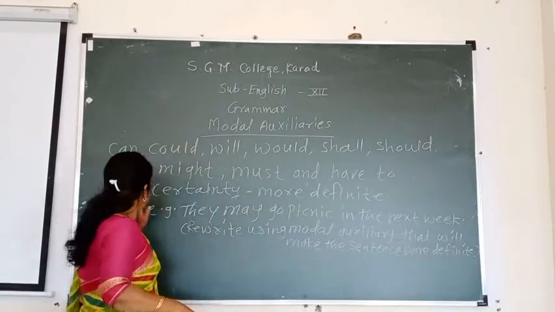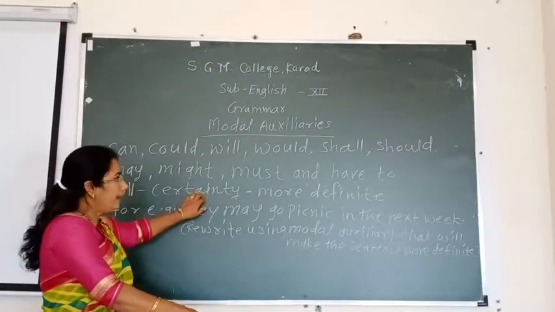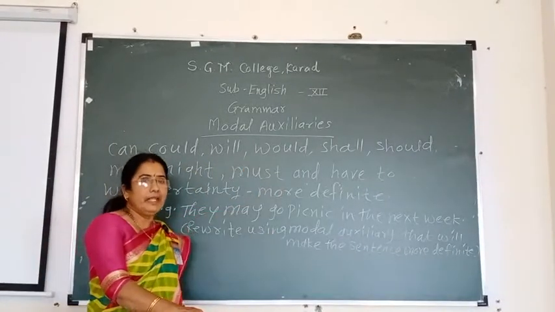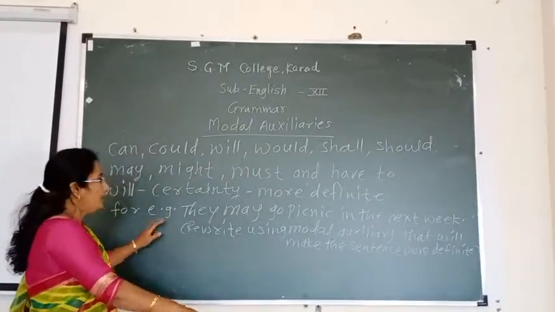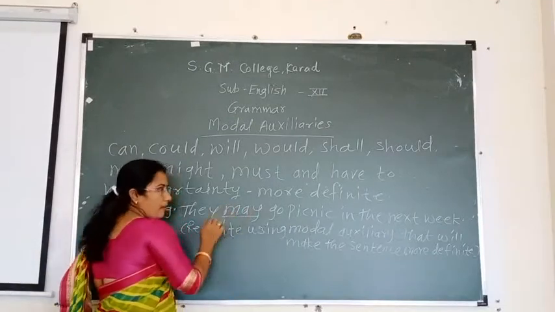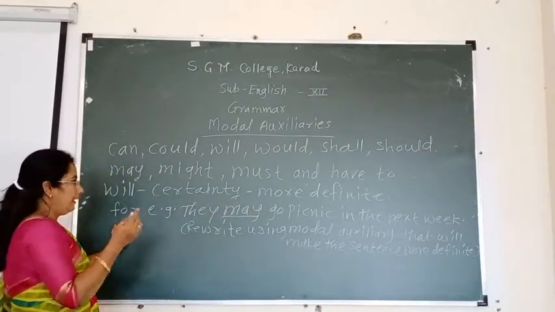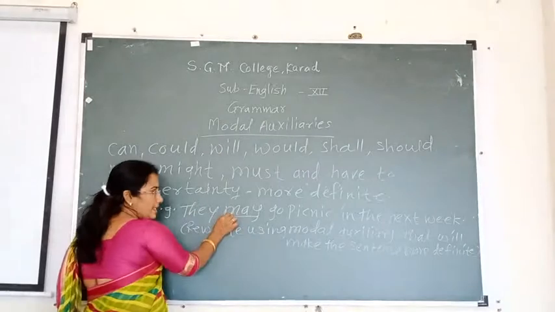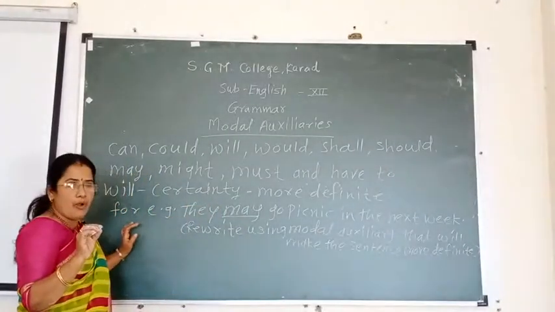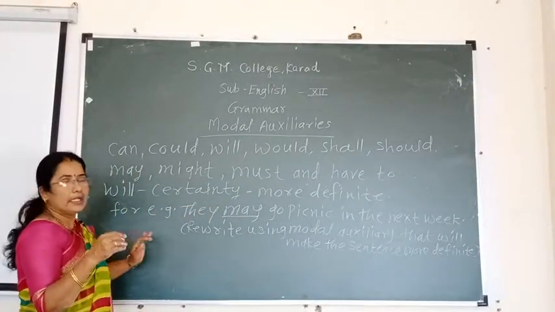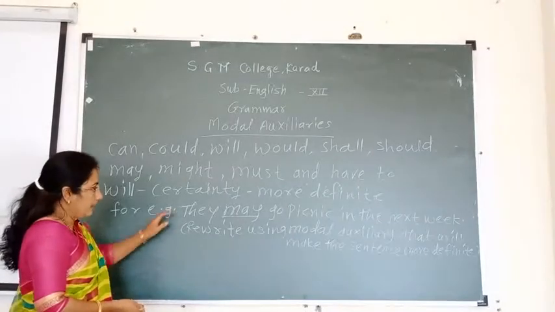We see that will also shows certainty, means more definite. So we will change this modal auxiliary into certainty. So may is replaced to show the certainty of modal auxiliary.